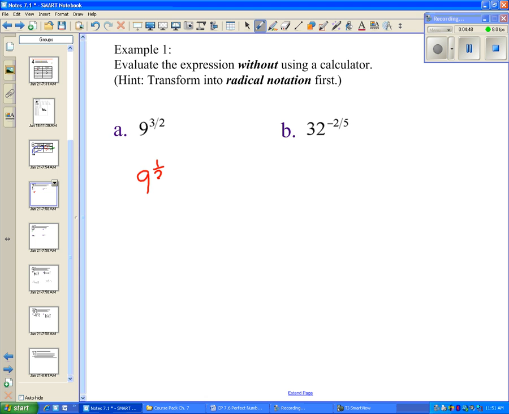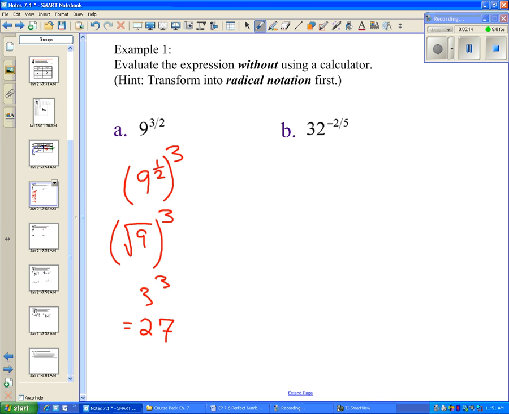So if I break this up as 9 to the half to the 3rd, that's still 9 to the 3/2 power. But that half, 9 to the half, is actually the square root of 9 to the third power. The square root of 9, well, that's 3. So now this is 3 to the third power, which is 27. That's how I can do these by hand.